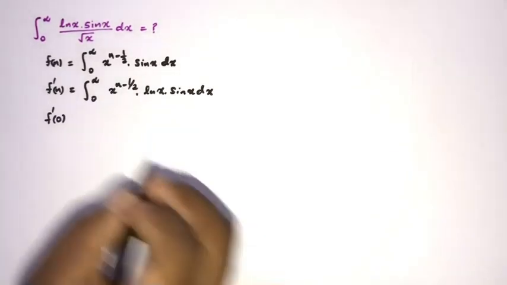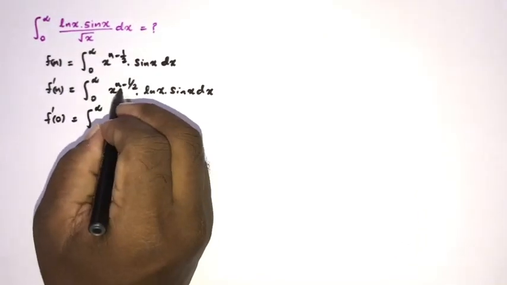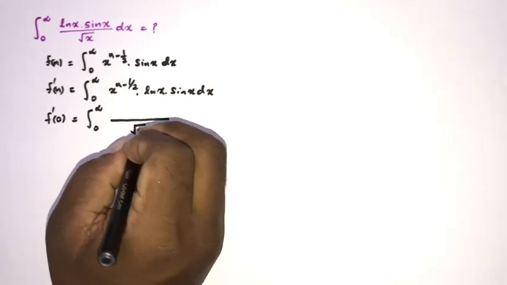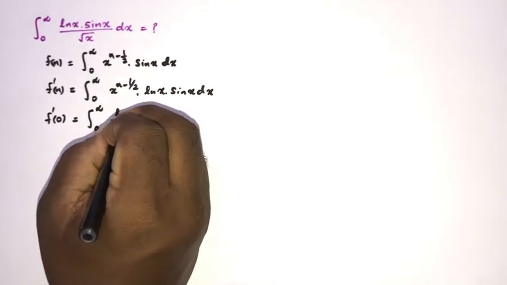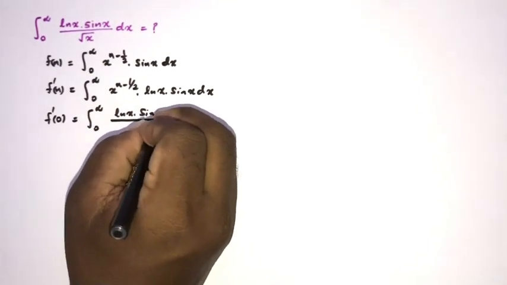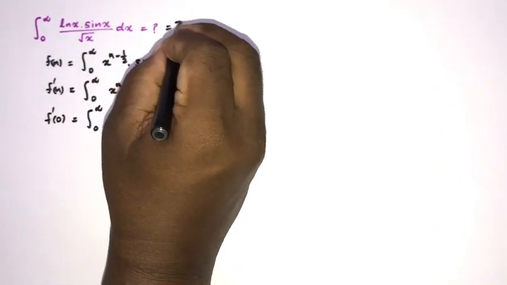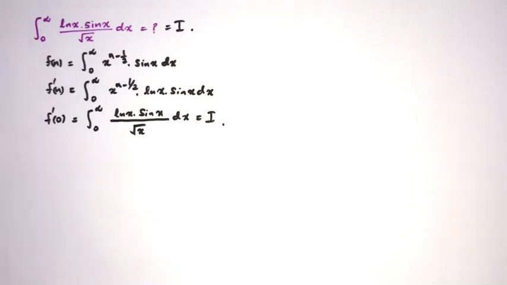So f dash of 0 is equal to the integral from 0 to infinity of x to the minus 1/2, which we can write as 1 over square root of x, times natural log of x times sine of x dx. If we call our integral I, then I is equal to f dash of 0. So now let's evaluate f dash of 0.